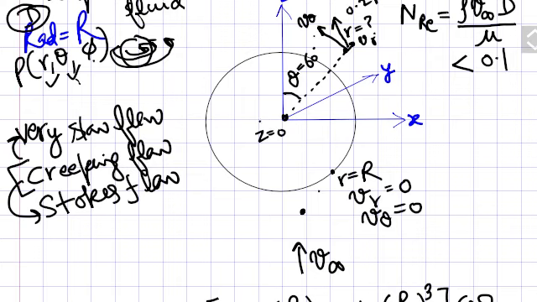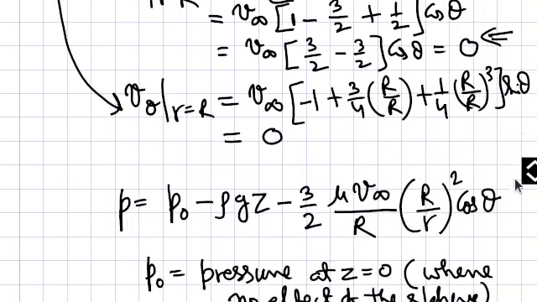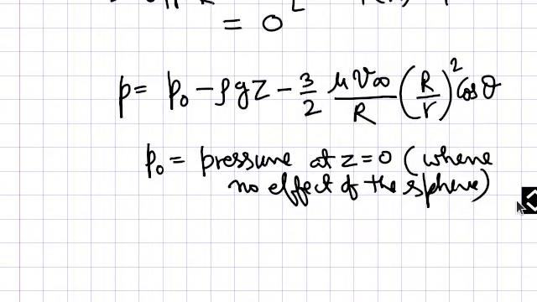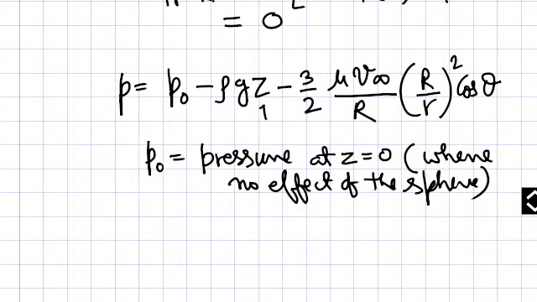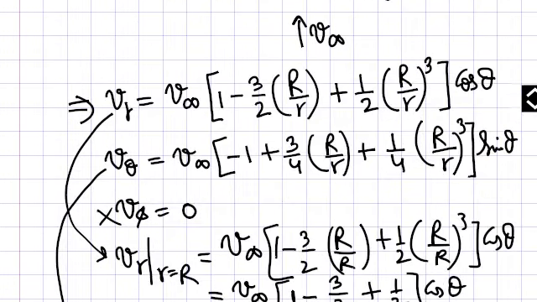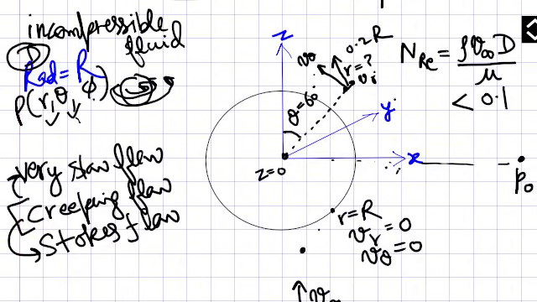On this plane, far away from this sphere, the pressure of the liquid is P naught, not here but at the point far away from here. And Z is the distance; suppose your point is here and you want to calculate pressure here, then this is the Z distance.